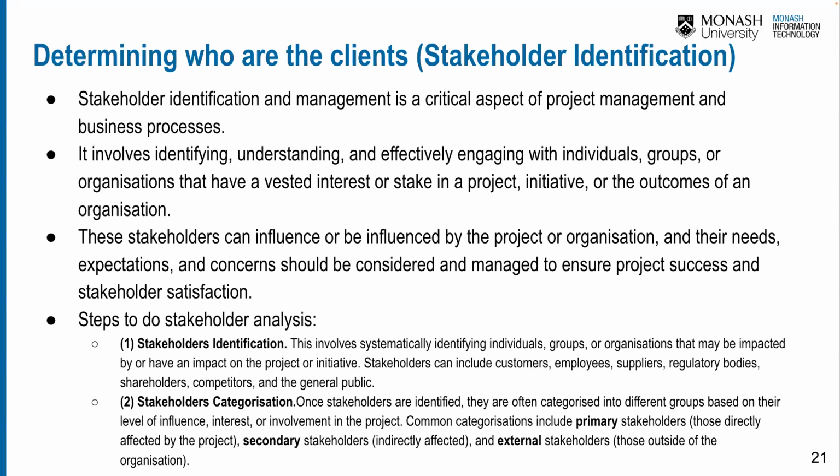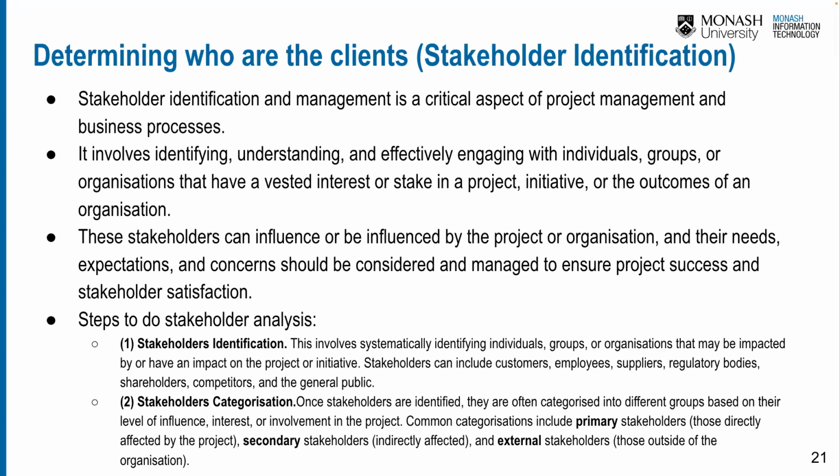So the first step is to systematically think about who are the individuals, groups, and organizations that may use this application. The stakeholders here can include customers, employees, suppliers, regulatory bodies, shareholders, competitors, or the general public. It really depends what kind of application we are talking about, right?